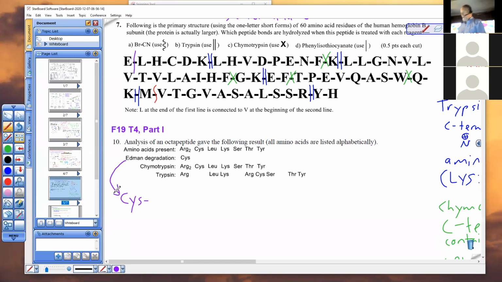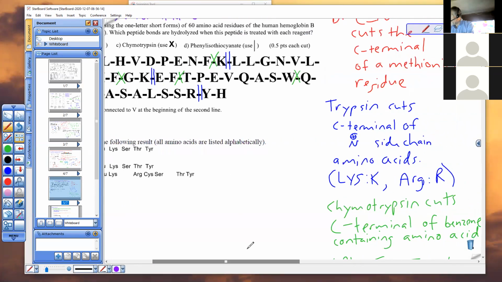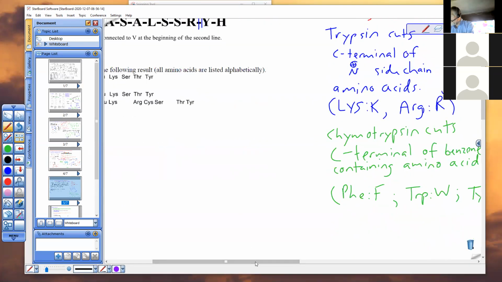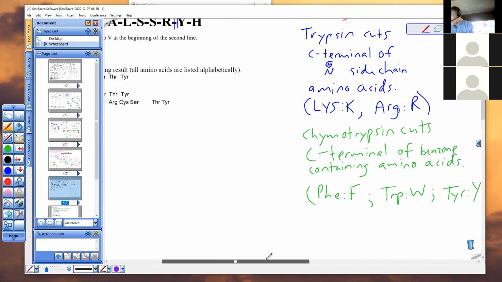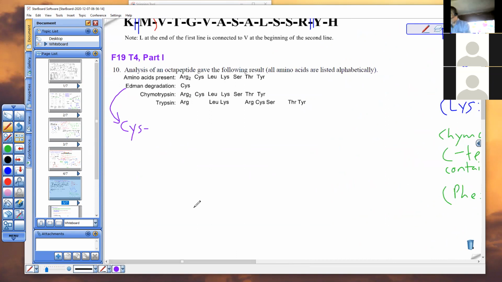Now, what chymotrypsin does, which is interesting, because it looks like the chymotrypsin information is the same as this information. Chymotrypsin does what? It cuts the C-terminal of benzene-containing amino acids Phe, Trp, or Tyr. Does my molecule have Phe, Trp, or Tyr? Answer, yeah. And chymotrypsin green.